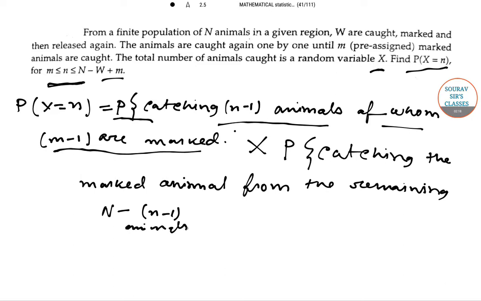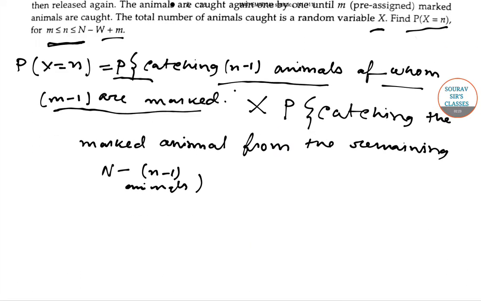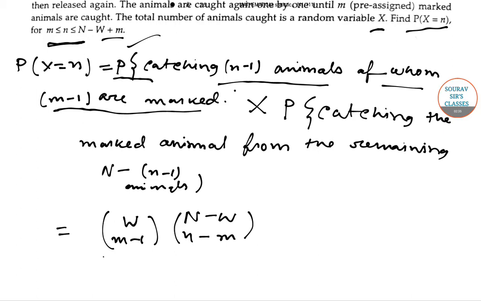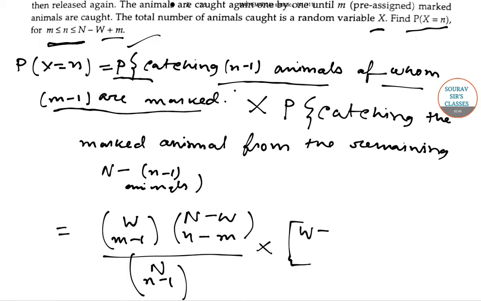So we can simply write it this way. Now if you put the values that we have found here, it will be equal to W choose m minus 1 times N minus W choose n minus m, divided by N choose n minus 1, multiplied with this thing, which is W minus m minus 1 divided by N minus n minus 1. So we can simply write it this way.